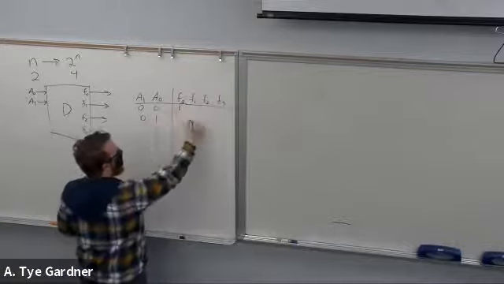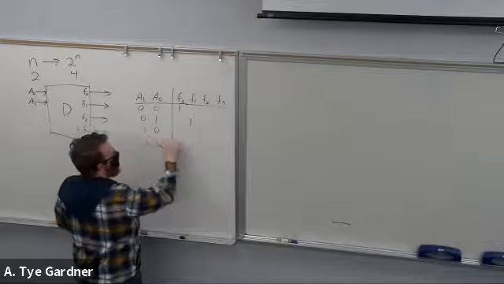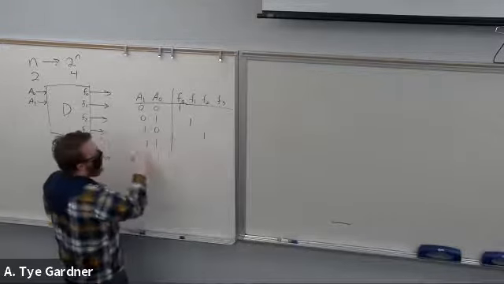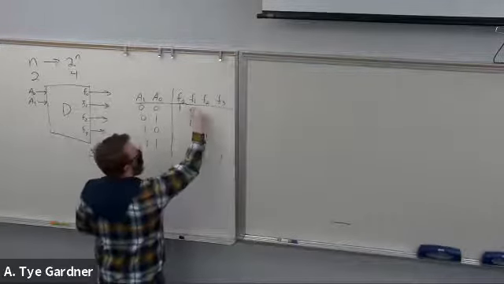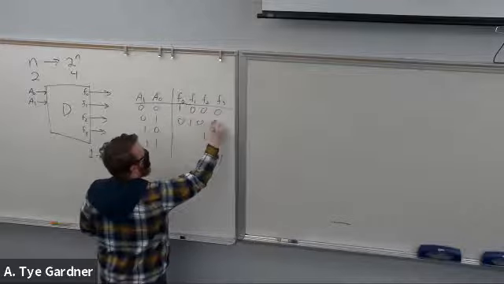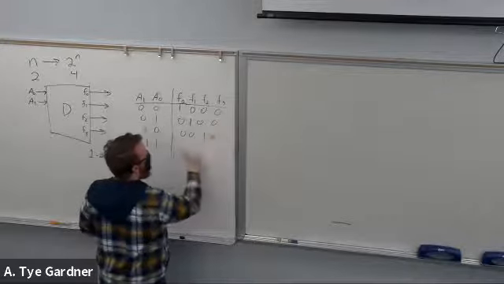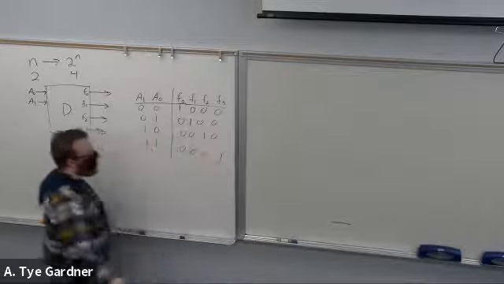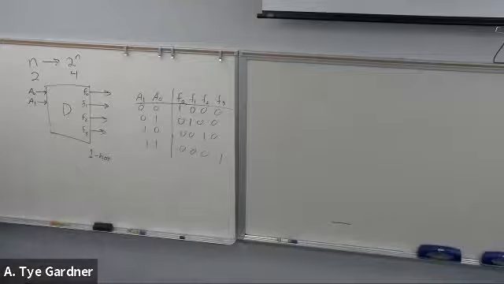For 0, 1, it's F1. 1, 0 is F2, right? We're just counting up in binary. And then I can go back in and fill in all of those zeros. So this is saying that based on some code, I'm going to output one hot, one of my rows.